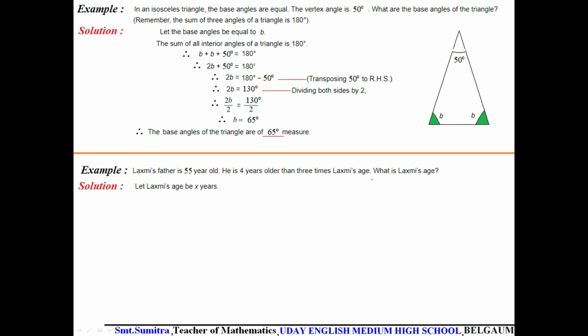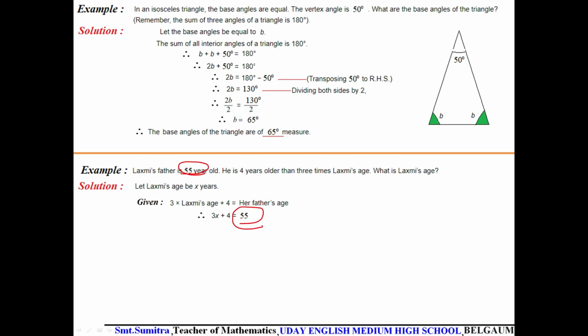I will call this one as X years. What is given? It is 3 times Lakshmi's age, means 3 into Lakshmi's age plus 4 is equal to her father's age. So 3x plus 4 is equal to 55. 55 is her father's age.